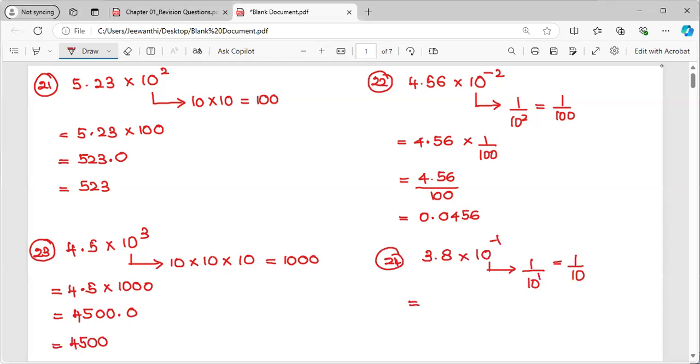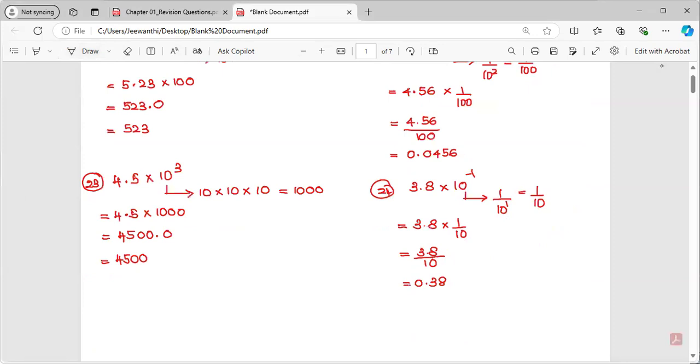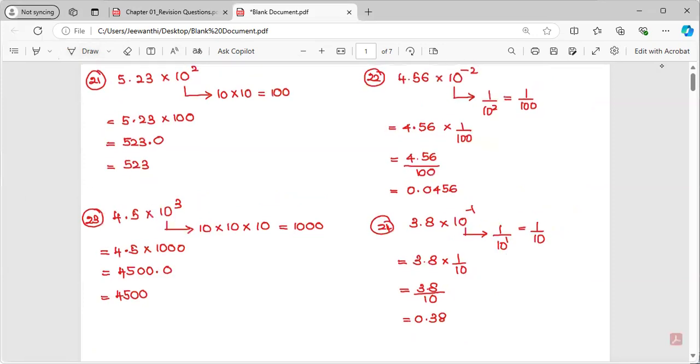Then I write 3.8 times 1 over 10, and this means 3.8 divided by 10. So the final answer is 0.38. So all these numbers were given in standard form, and this is how we can convert them into ordinary number form.